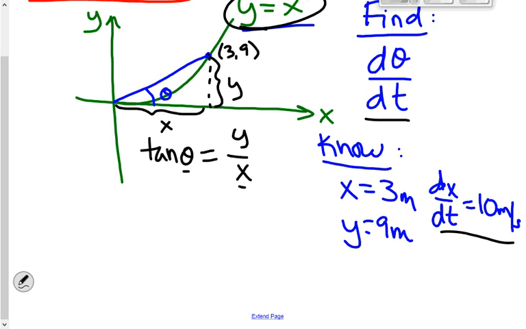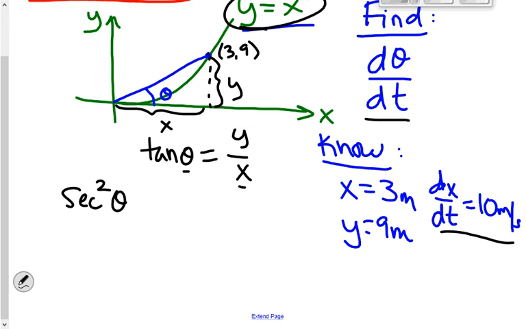So what's the derivative of tangent theta? It's not negative. I think it's just secant squared theta times what? Am I done? What's theta a function of?